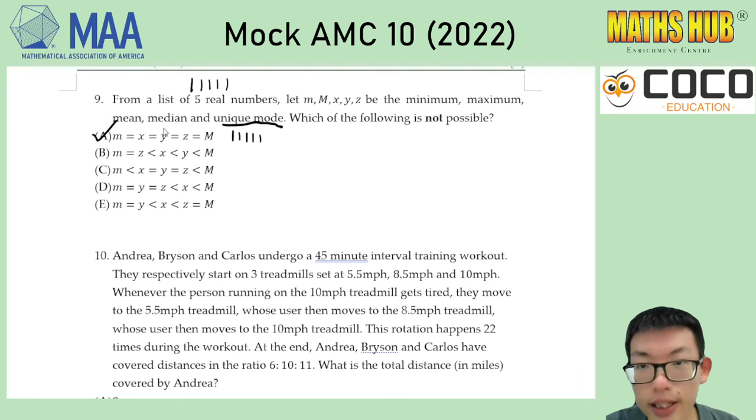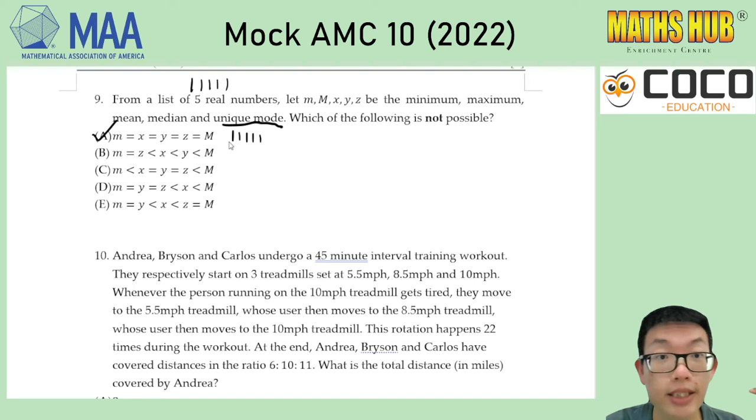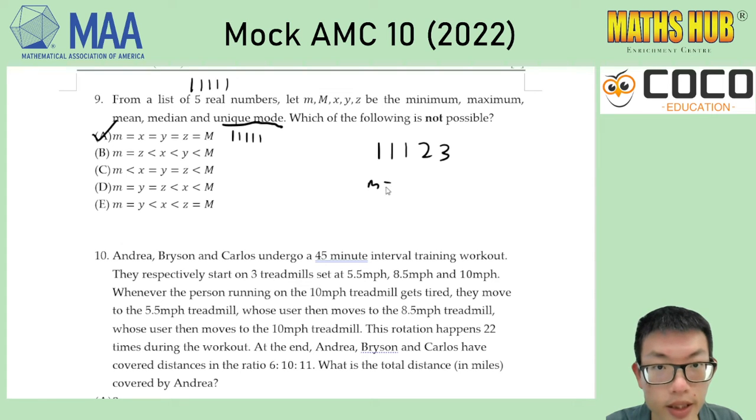Now, let's look at the other possibilities and do something just a bit random. Let's say I've got 1, 1, 1, 2, 3. Now, the maximum is 3. The mean is the sum, which is 8 over 5, 1.6. The median is the one in the middle, and the mode is 1.